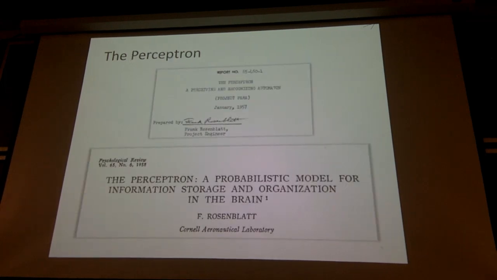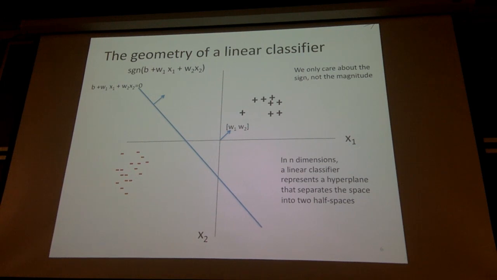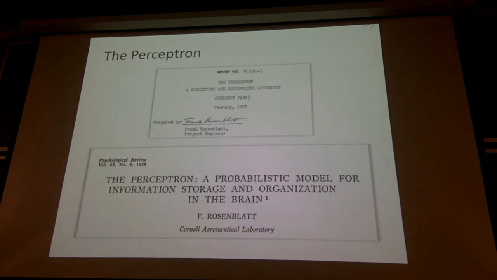This was a paper that was published in Psychological Review in 1958 by Frank Rosenblatt. Early versions of that showed up in 1957 also. The perceptron was a probabilistic model for information storage and organization in the brain. Heavy stuff.